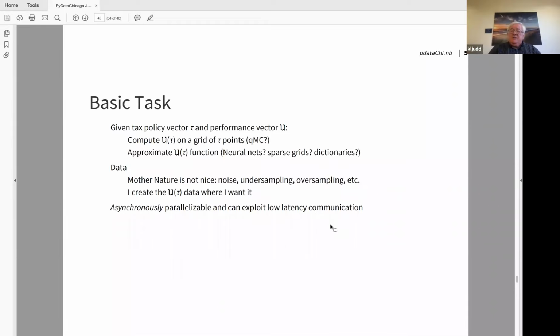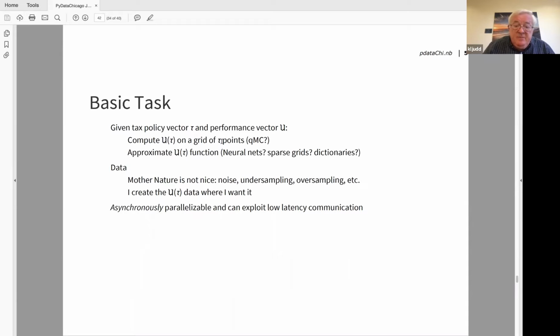within this multi-objective optimization, what's going on is this: given a tax policy vector tau and some performance vector, this could be utility on average over people, or the utility of the people that voted for you, or the utility of the people that didn't vote for you, whatever.